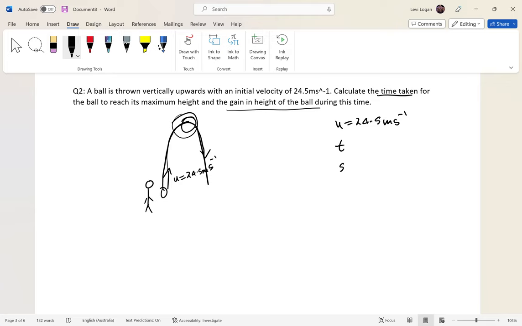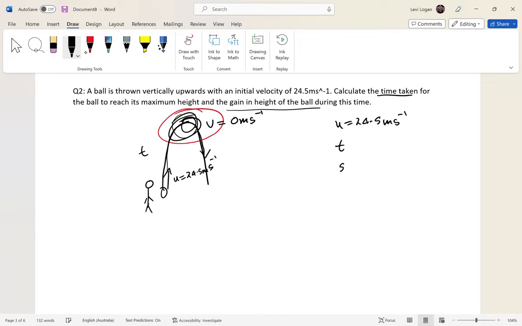So if you throw something up, when it reaches the max height, its velocity will be 0 for a moment because it's got to fall back down. So up here, v is 0 meters per second. So the final velocity at this point is that.